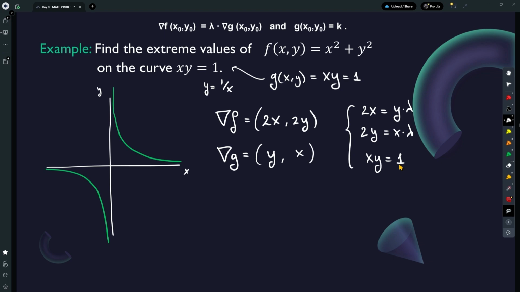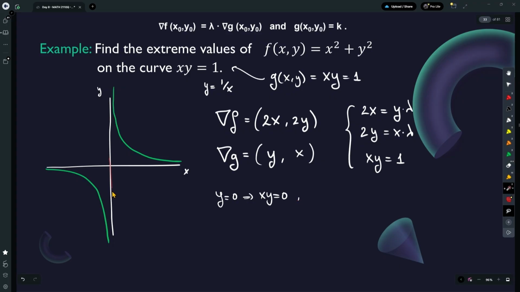Okay, so what can we do next is that, first of all, I can see what happens if y is 0. So I want to solve for lambda, so I want to divide by y, but if I want to divide by y, I have to make sure that y is non-zero. If y is 0, that would imply that x times y is 0. So there's no points with y equals 0.